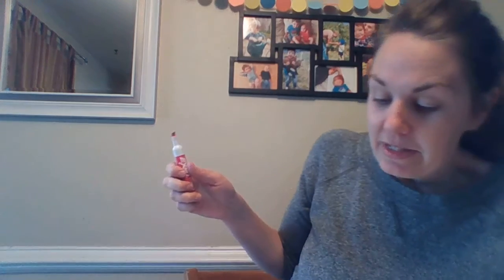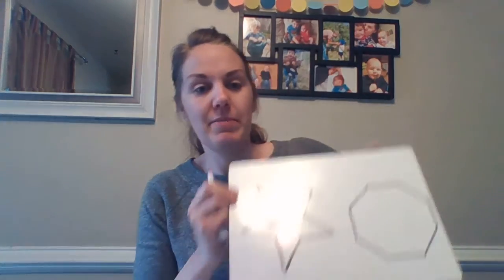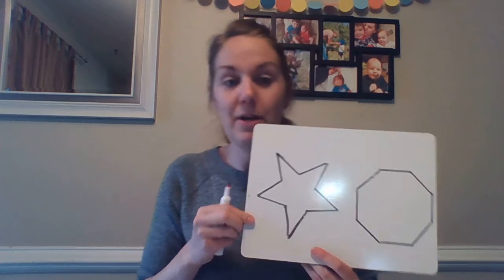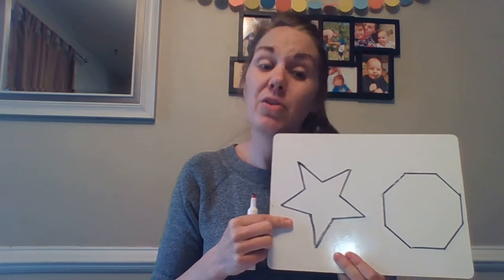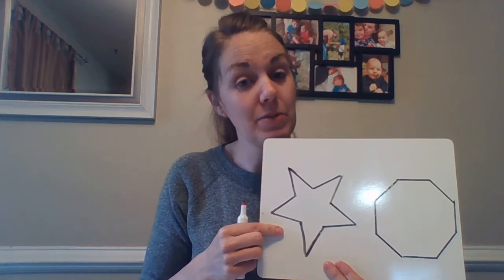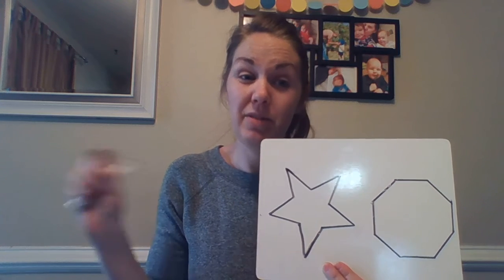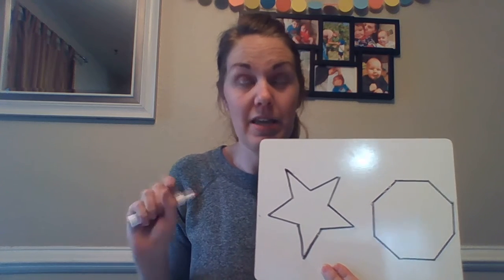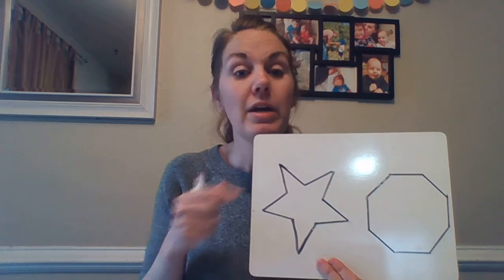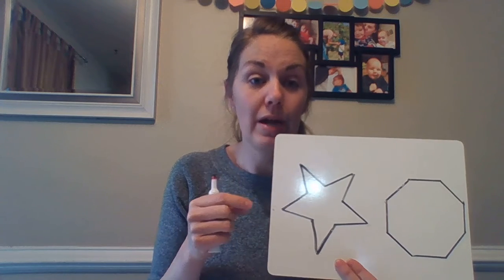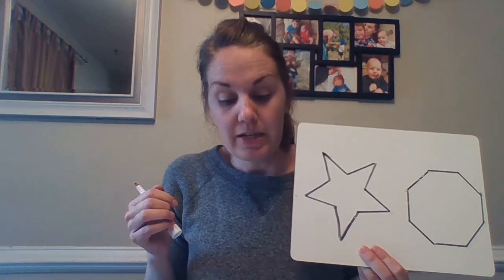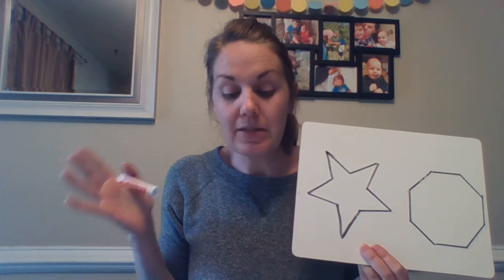All right, on number 7, I've drawn these out ahead of time because I didn't trust myself to try and do it on the spot. Again, my star is not quite perfect. I did not measure the angles perfectly, but you can stretch your imagination to pretend that it is as close to equal sides and equal angles as possible. It says, circle the figure below that has the greater number of lines of symmetry.